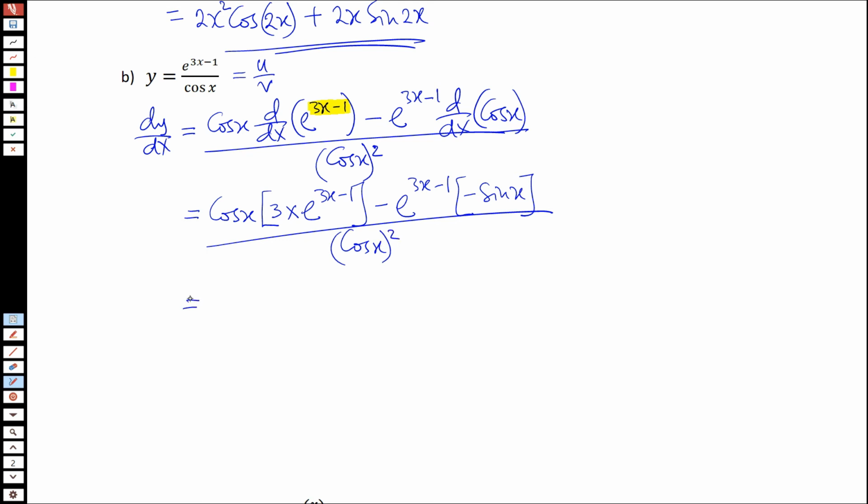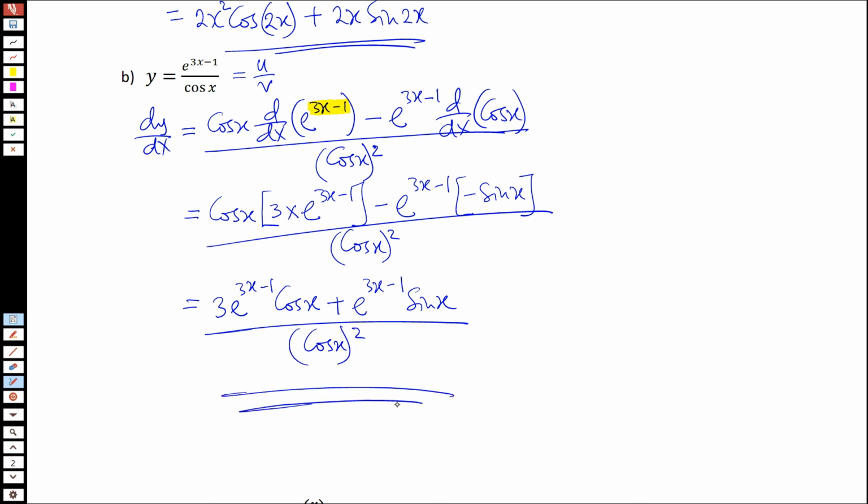And this will be equal to 3e to the power 3x minus 1 multiplied by cos x, negative and negative will be a positive, e to the power 3x minus 1 multiplied by sine x, all this over cos squared x. And that will be the required derivative for this question.